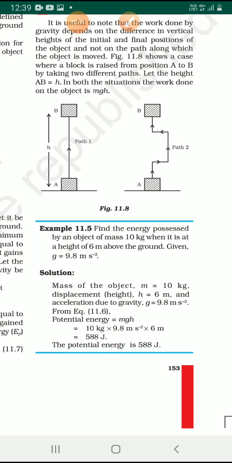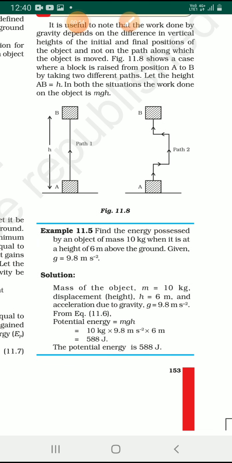We start with example 11.5 in your textbook. Let's see this very simple problem.